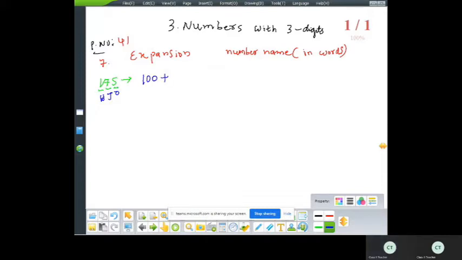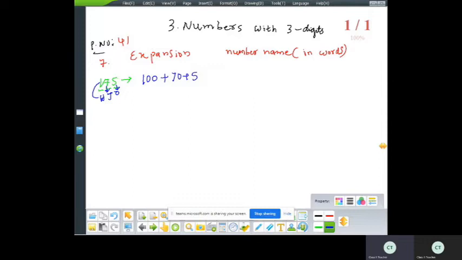Plus 7 into 10, 70. 5 into 1, 5 ones are 5. This is the expanded form: 100 plus 70 plus 5.